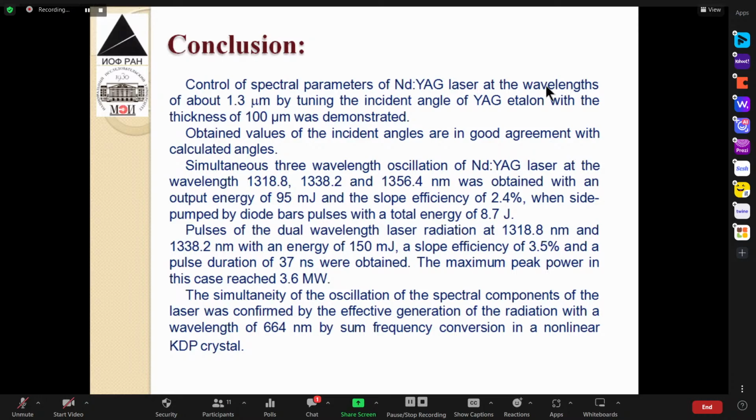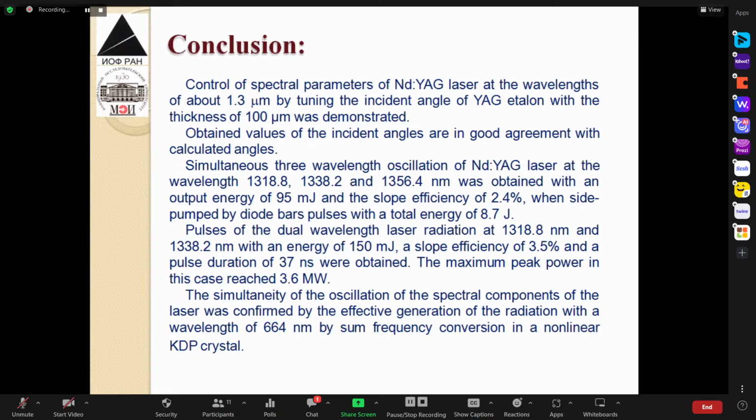It is possible to obtain either single or dual or triple laser oscillation. And well, the slope efficiency was rather high in our cases, about 2.4 for triple wavelength oscillation.